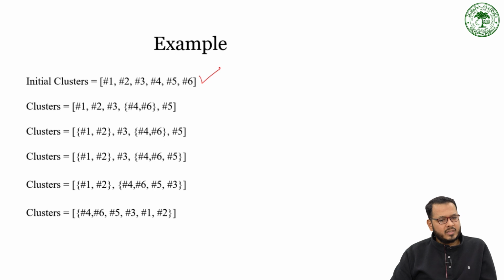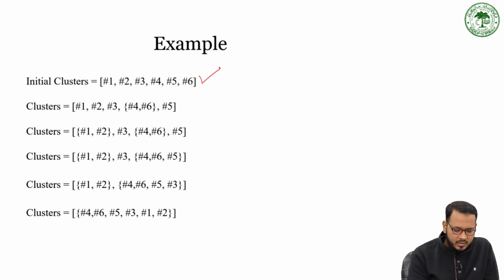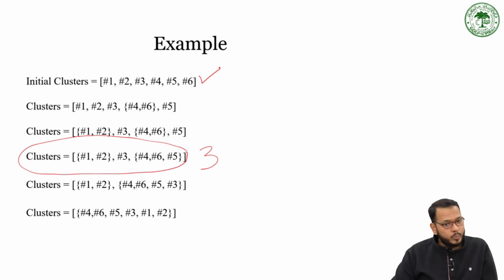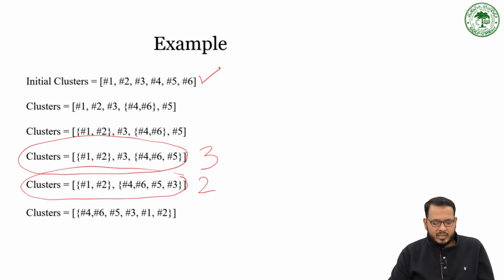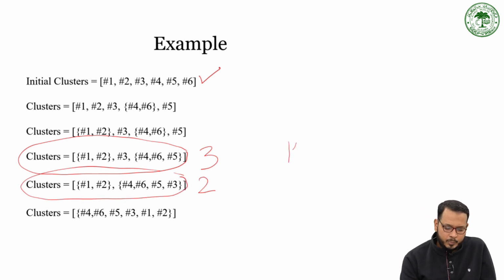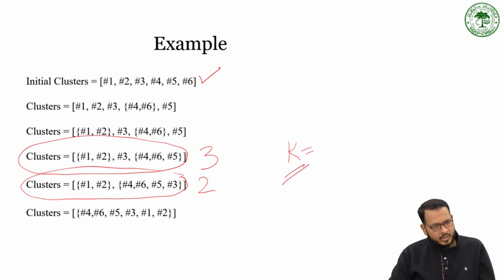If you want to consider 3 clusters, then you can use this grouping. If you want to consider 2 clusters, then you can consider this grouping, and so on. So it does not force you to predefine the value of k, that is the number of clusters.